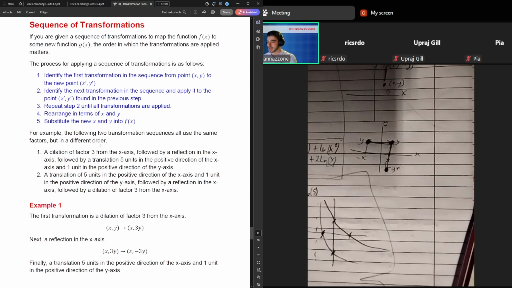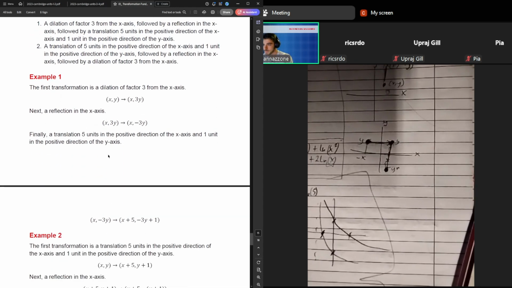To demonstrate this, I have 2 examples of 2 different sequences. The transformation factors are identical, but they are done in a different order. In this case, we have dilation, reflection, and some translations. In this case, we have translations, reflections, and then dilations. So let's have a look.